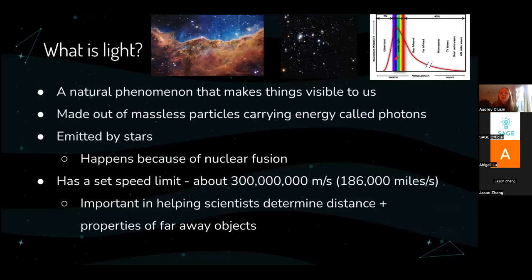You can see that on the ultraviolet side of things, which is the more energetic part of light, the sun doesn't emit as much as it does visible light. It makes sense that humans have evolved to see visible light because the sun emits a lot of it, and it also emits some infrared.